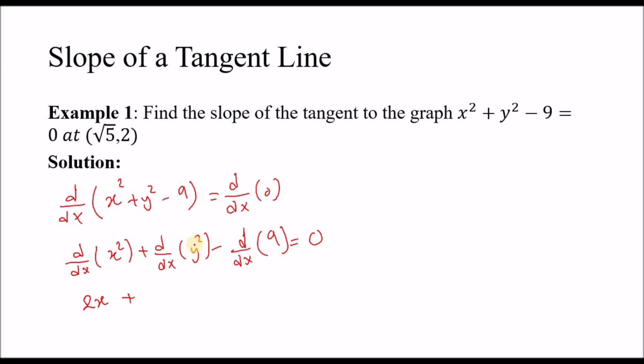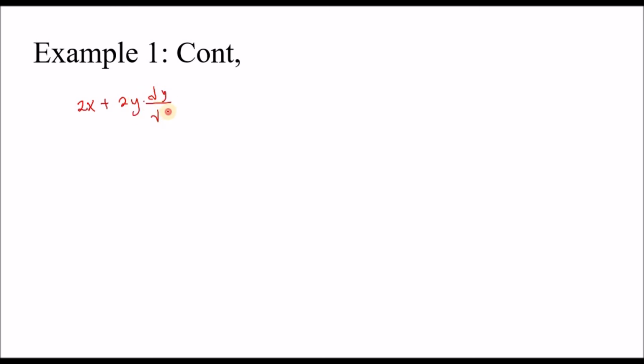Plus the derivative of y squared is basically 2y, but I need to differentiate y with respect to x, so dy over dx. Minus the derivative of a constant is 0, is equal to 0. Now I will continue on that example. So I had 2x plus 2y times dy over dx is equal to 0.